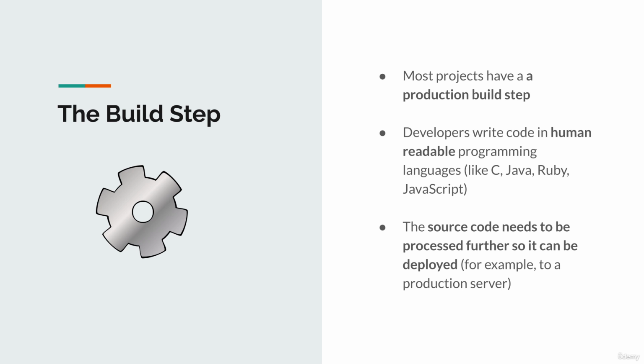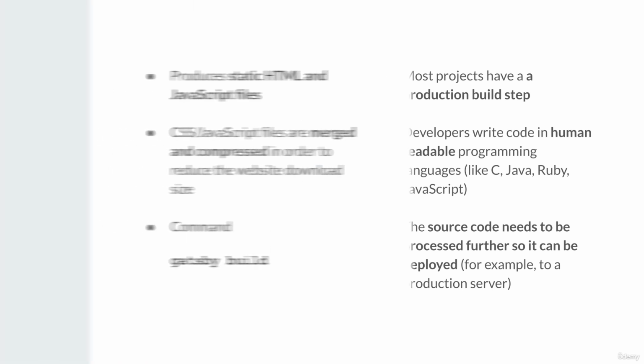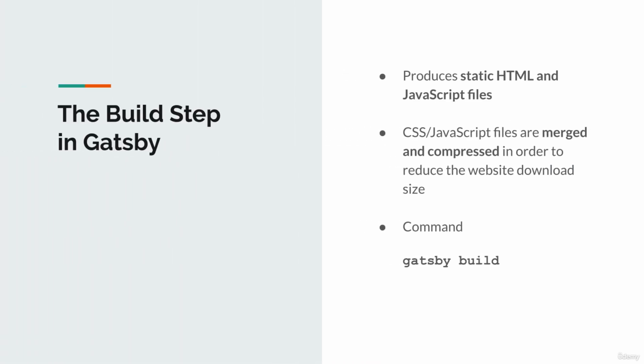Code needs to be compiled, or in this case, for this very simple website, there is some JavaScript that needs to be generated. Resources need to be minified so that they don't take so much space. A lot of the steps that you would not usually use when you're developing the application because they take a bit of time, you will have them in a build step, which will create a production-ready build where everything is nice and clean.